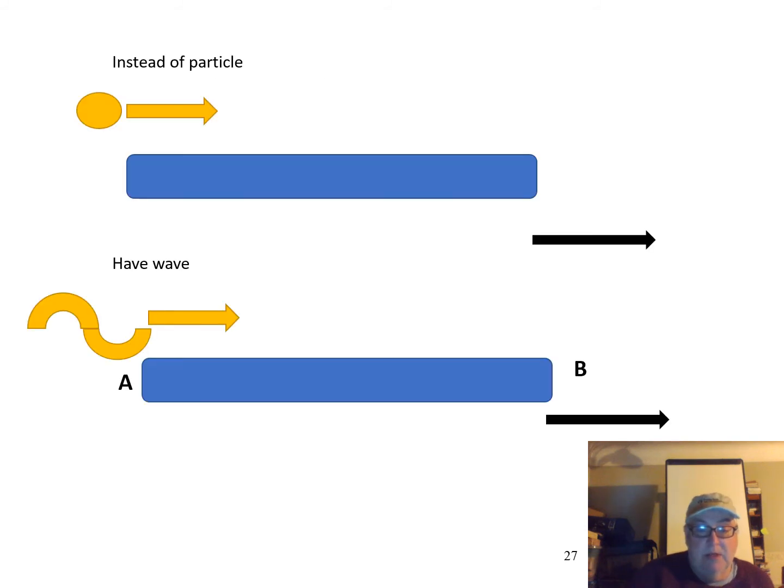So instead of a particle you have a wave, and I've shown the difference here. You've got what looks like a dot moving along, or you've got a wiggly line moving along.